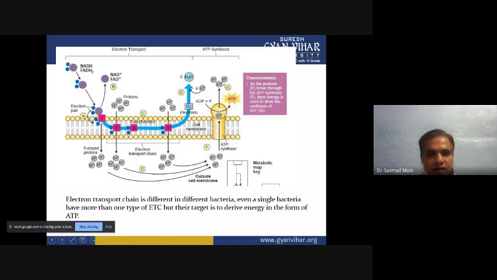Okay, then the hydrogen concentration will be high. This is a very important enzyme, ATP synthetase, and it is present in the plasma membrane of the organism.